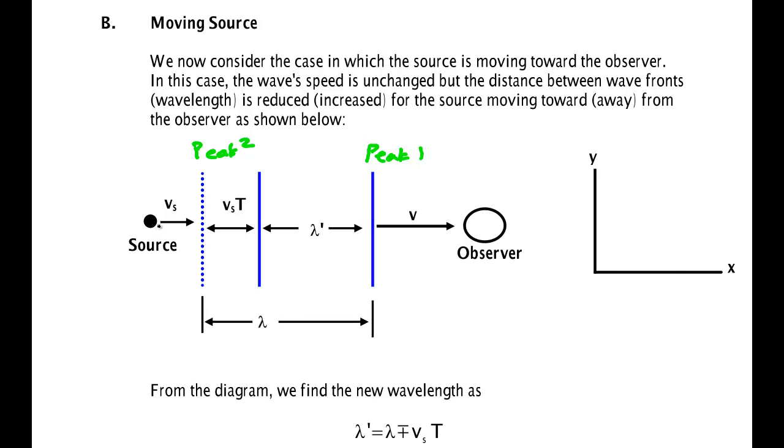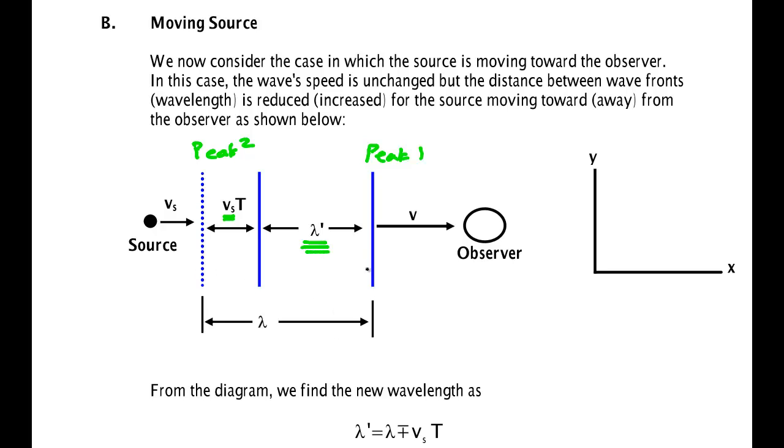But because the source has moved this far in a given amount of time, because it has a certain speed, and because there was a time between the peaks, it has closed some of that distance. And so it's effectively shortened the distance between the peaks. That is, it has an effectively shorter wavelength.